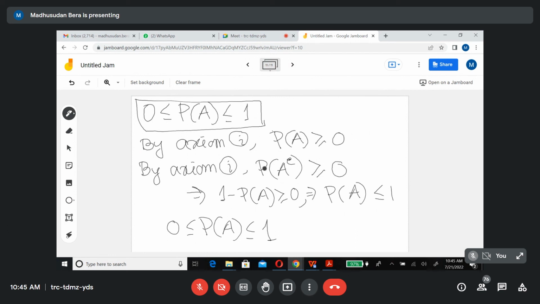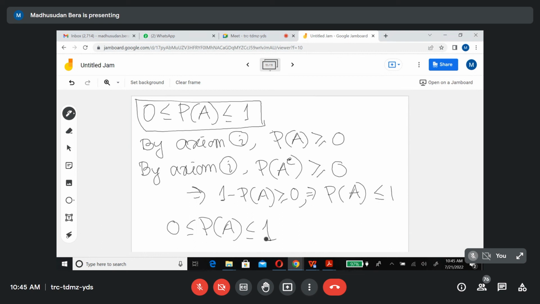This is the proof. For any event, P of A is greater than or equal to 0. For the remaining part, A complement is also an event, so axiom 1 is true for it: P of A complement is greater than or equal to 0. P of A complement is 1 minus P of A, which we just proved. So 1 minus P of A is greater than or equal to 0, that is, P of A is less than or equal to 1.